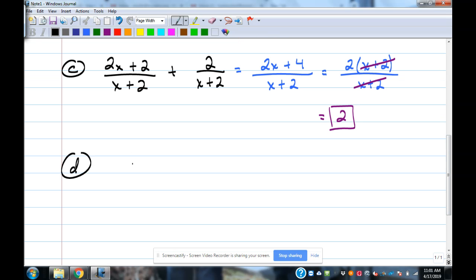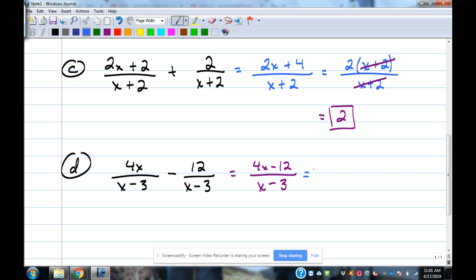Let's do one more there. 4x over x minus 3 minus 12 over x minus 3. Again, the denominator is already the same. So just do the math. 4x minus 12 over x minus 3.